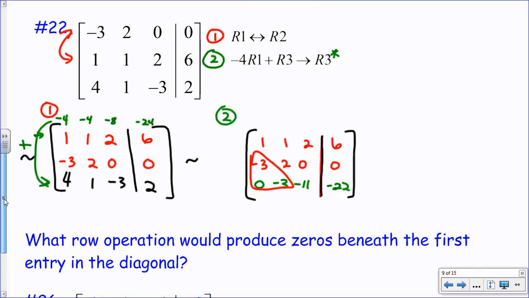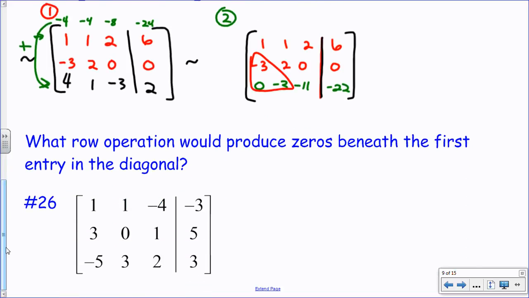So this question asks, what row operations would we use to get those zeros? So it talks about the diagonal. So here's the diagonal. Okay, that's what the diagonal is. And it wants to know what row operations would produce zeros beneath the first entry.